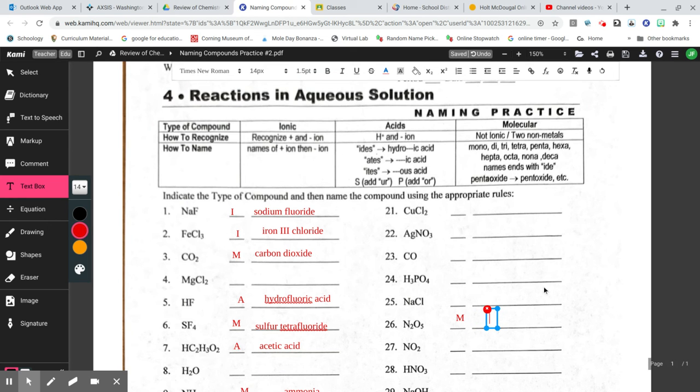And we have two nitrogen. So we're going to say dinitrogen. And we're not going to change the ending to IDE. We leave it nitrogen. And then we have 5 of the oxygen. So we're going to say penta is 5, but we're dropping the A, pentoxide.